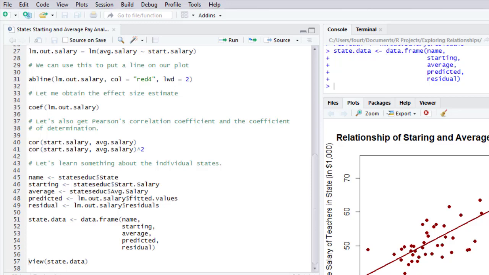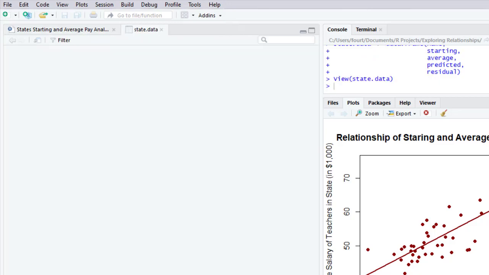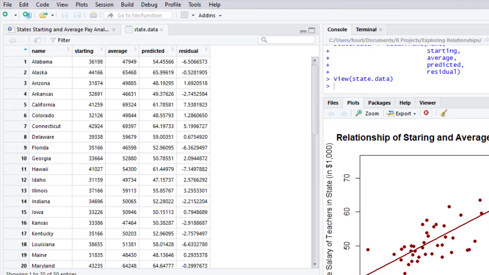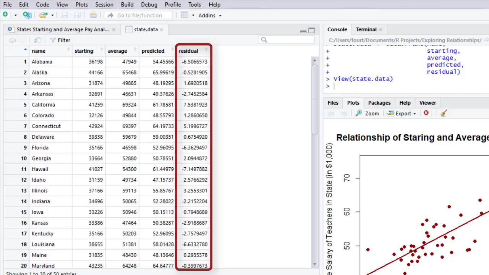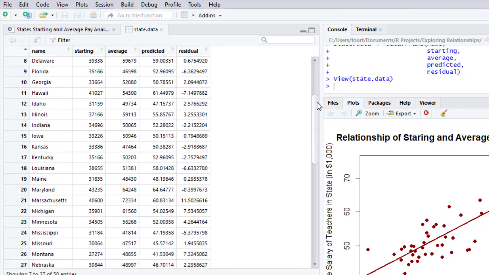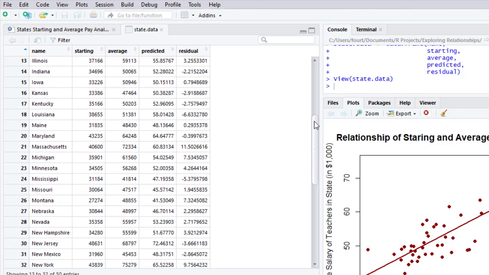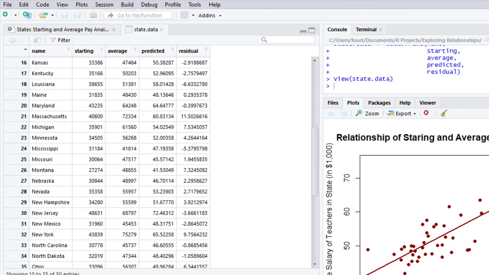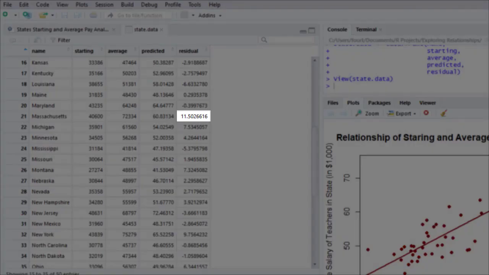Now let's view the data. Let's scan the residuals. Most of these are quite small, as we expected given the strength of the model. Here's one that's double-digit.